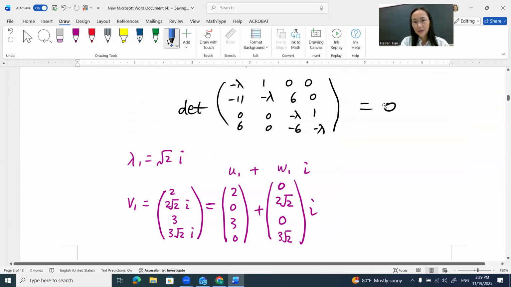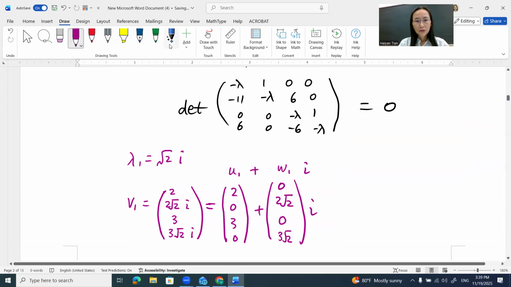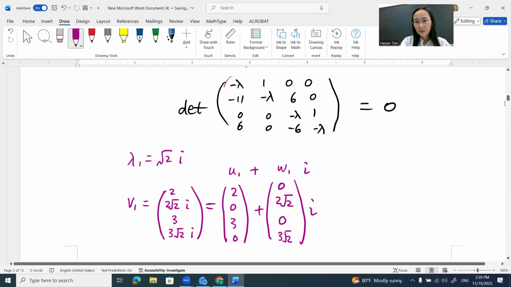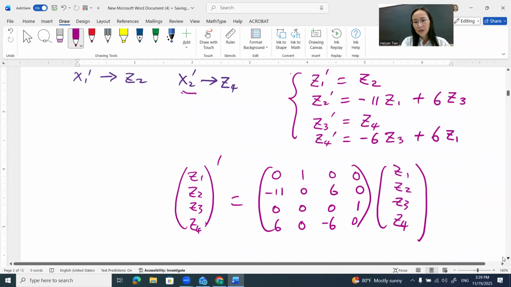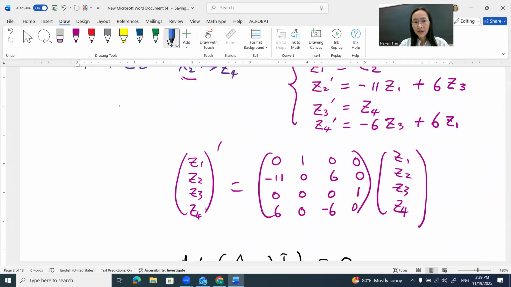So for our problem, matrix A is a 4x4 matrix, so n is 4, and n is twice p.